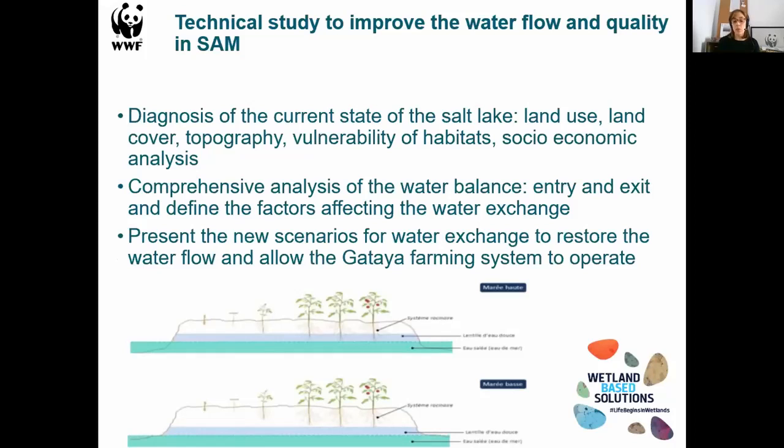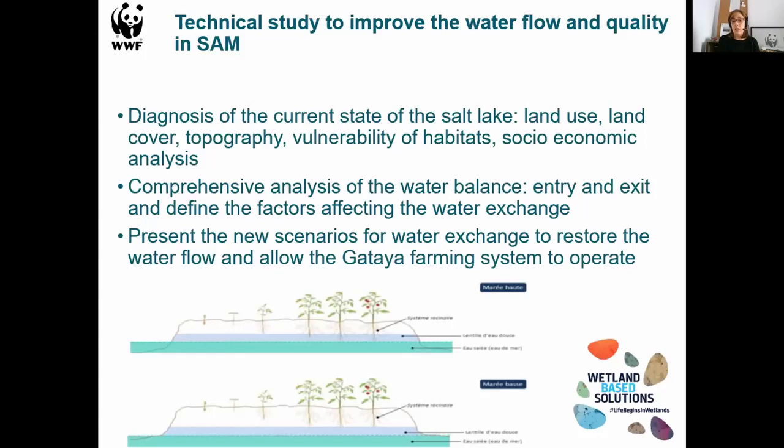This project is now working to put in place integrated coastal zone management and wetlands management in the North African region, to restore, sustainably manage, and sustainably develop activities around the wetland while conserving. And this is done by responding to societal challenges as defined by the NBS standards.